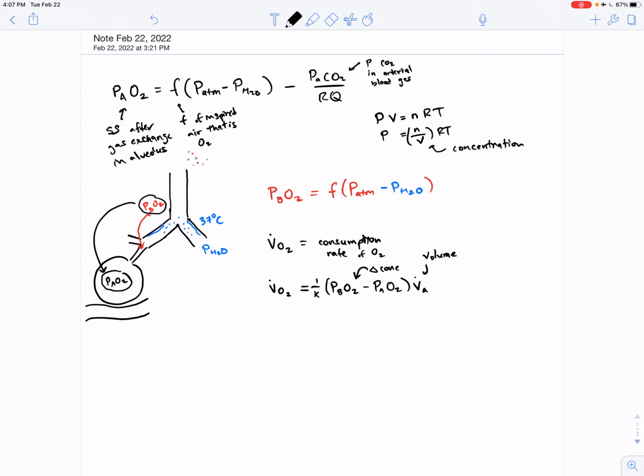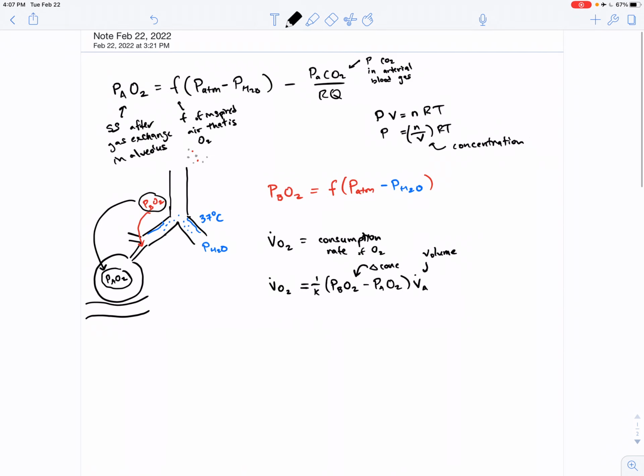So what do we do? Well, instead we turn to a gas for which the equilibrium dynamics are a lot simpler, and that gas is carbon dioxide. Okay, so let's look at carbon dioxide. If we have our carbon dioxide production rate, that's the other gas that is primarily participating in gas exchange.